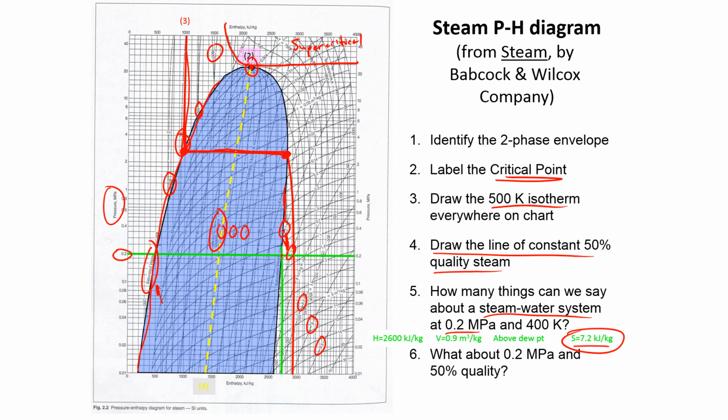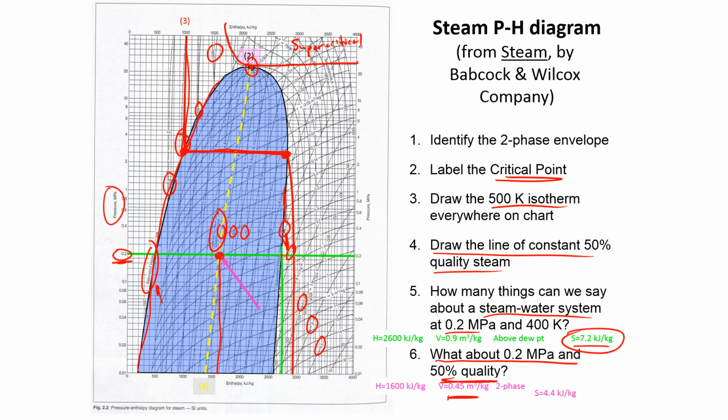What about 0.2 megapascals, the same pressure, but 50% quality steam? I'm going to draw my 50% intersecting with the 0.2. Again, I can get the enthalpy. The enthalpy is 1600 kilojoules per kilogram. The specific volume is 0.45.